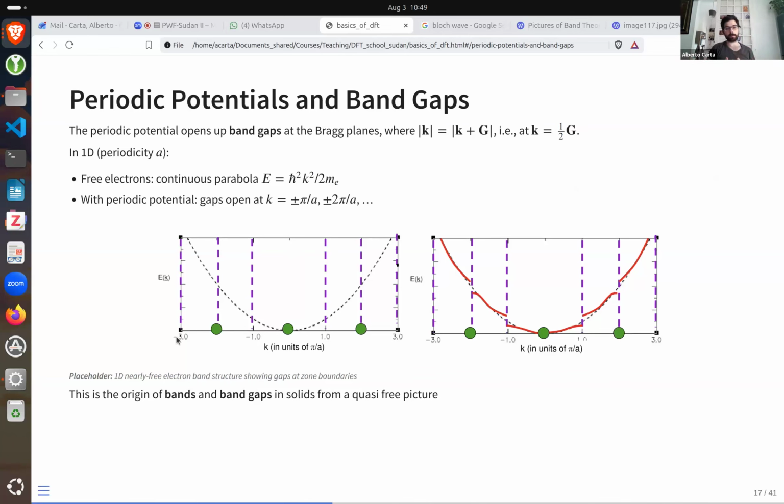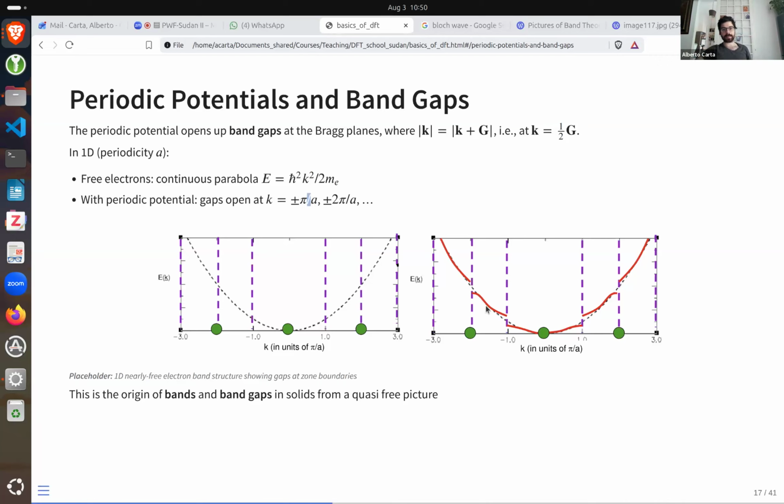What happens in practice is that the periodic potential opens up gaps in the dispersion. Since we have periods of the order of pi over the dimensionality of the system, if we have a 1D system of periodicity a, this will open gaps at units of pi over a.